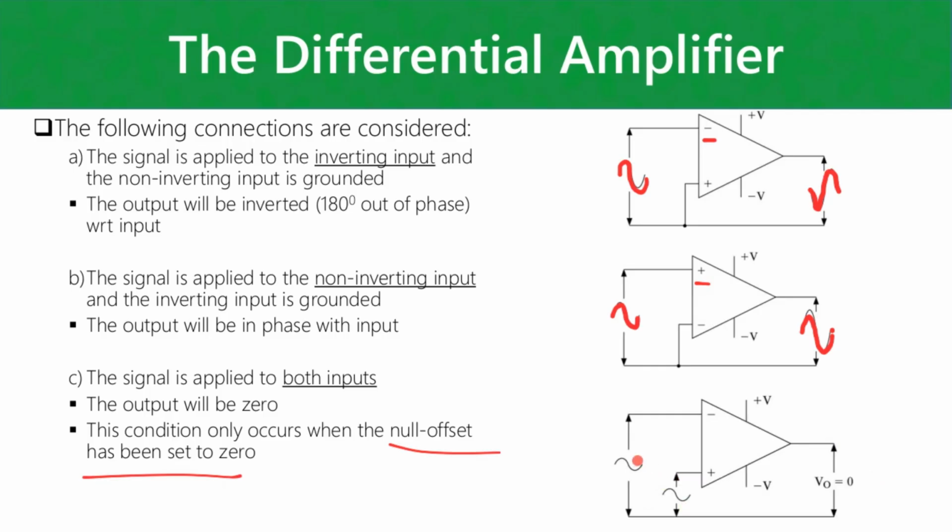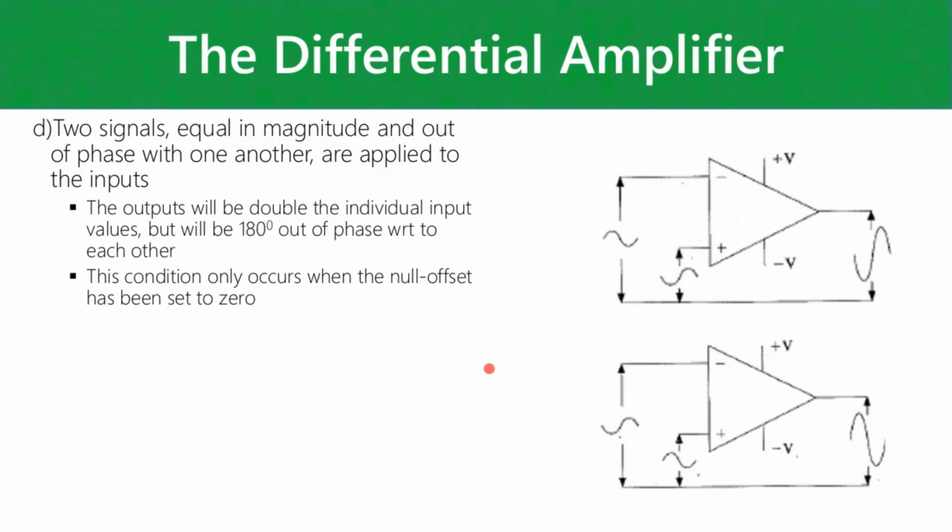Like I said, two identical signals just cancel out. If we phase shift one of those signals, you're again going to amplify the difference between the two.